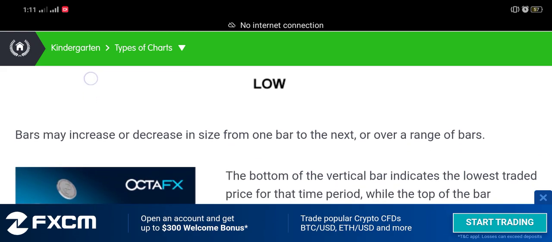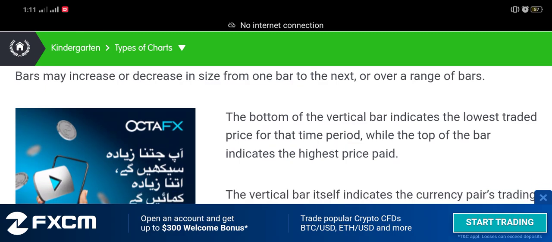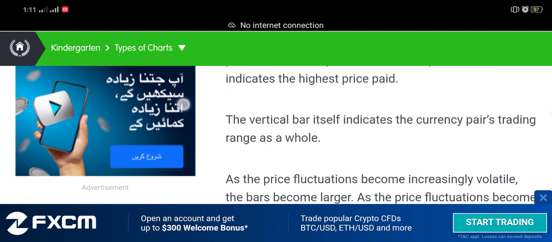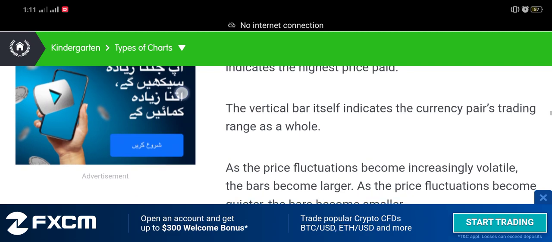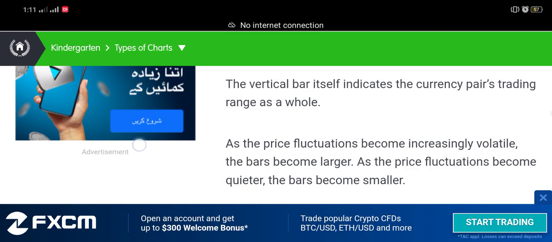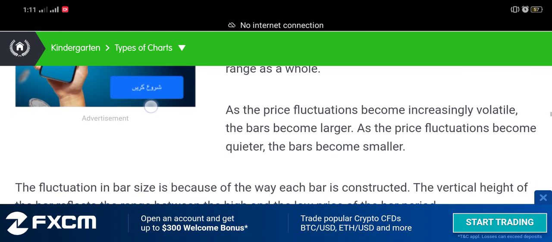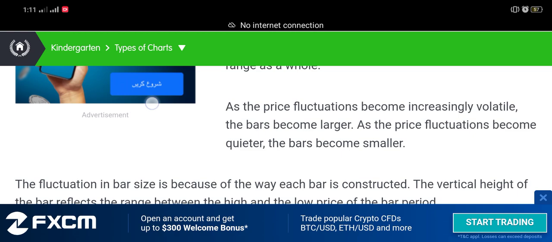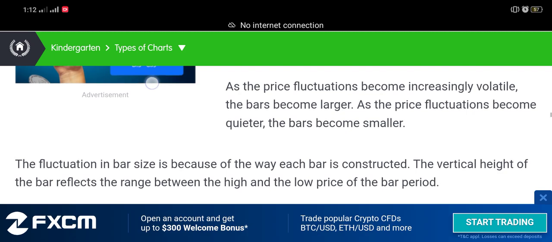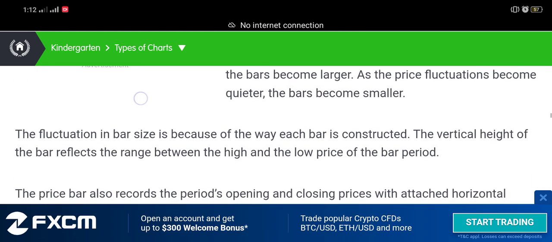The bottom of the vertical bar indicates the lowest price and the top indicates the highest price, and the vertical bar itself indicates the trading range as a whole. As price volatility increases, the bars become larger, and as volatility becomes quieter, the bars become smaller.